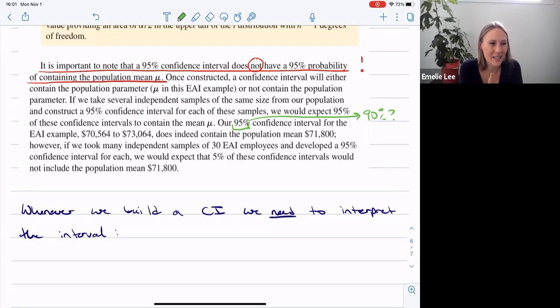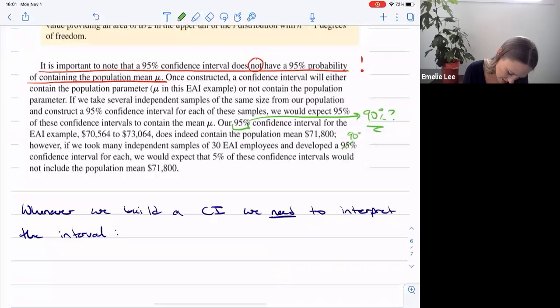I didn't catch that earlier, but it should be 90%. Okay, so that's confusing. So what we would find here is, well, let's just fix here. So this should be 90% and this should be 10%.